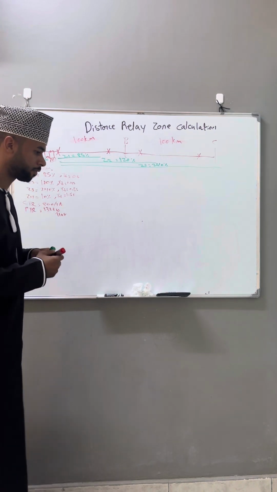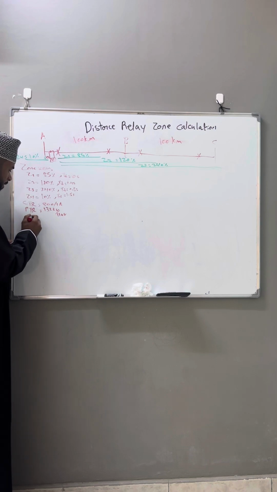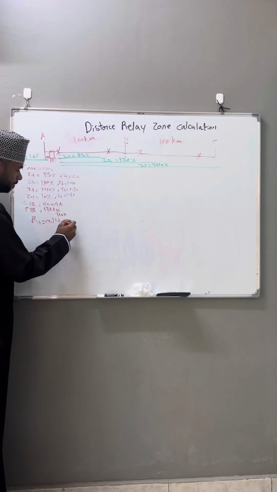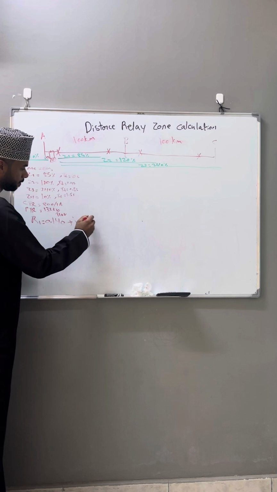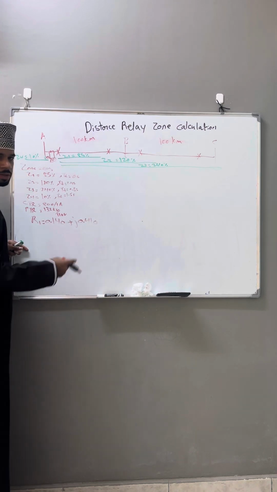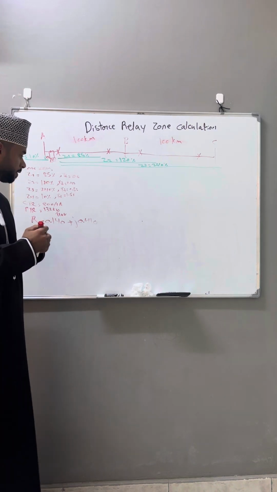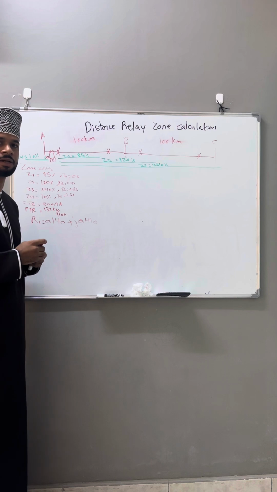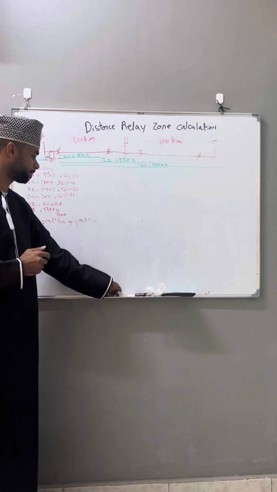Assume the positive sequence resistance is 0.140 and the reactance is 0.410. These are not correct factors, I am just assuming these values. So now with these values and parameters, we can start to calculate the zones in the distance protection relay.